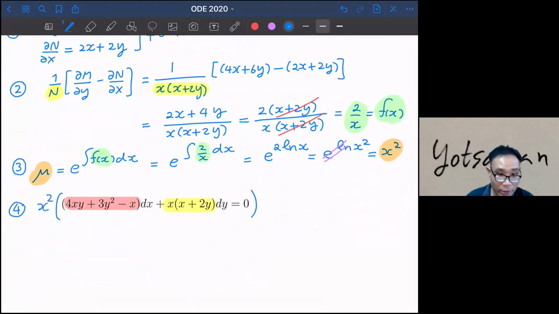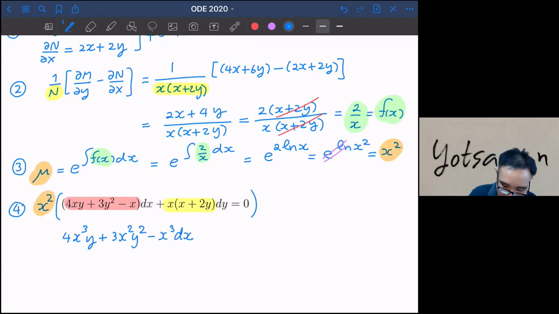So you have x squared multiplied to the whole equation, and this one will give you 4x to the third y plus 3x squared y squared minus x to the third dx.